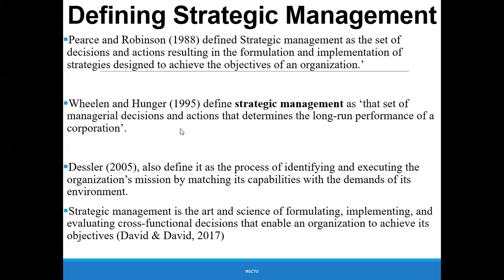They define strategic management as a set of decisions and actions resulting in the formulation and implementation of strategies designed to achieve the objectives of an organization. Now, this definition is still popular because it embodies two key components in the stages that we go through to conduct strategic management. And this includes strategy formulation and implementation.